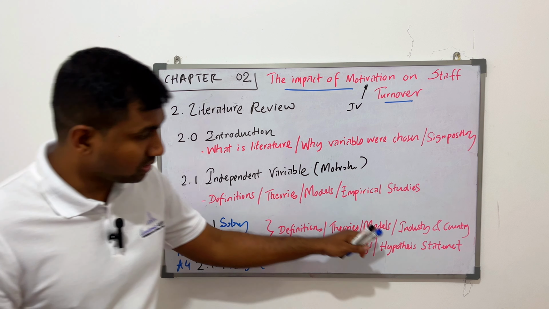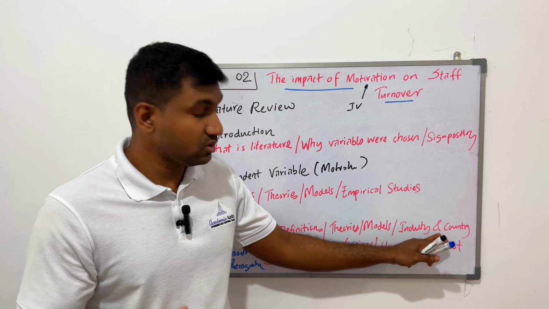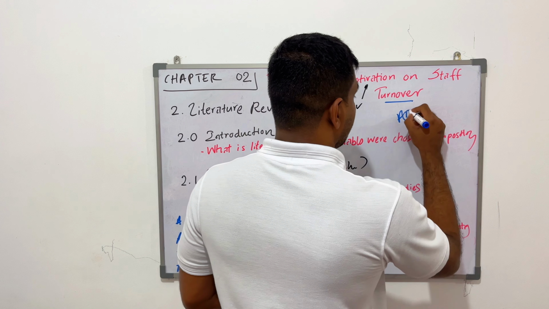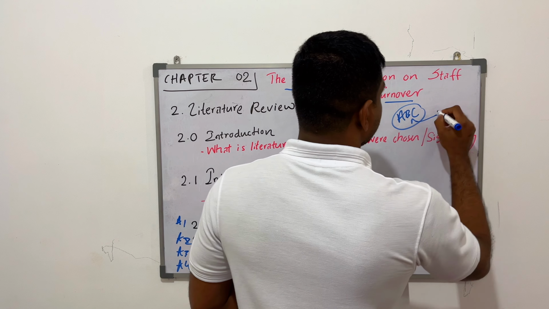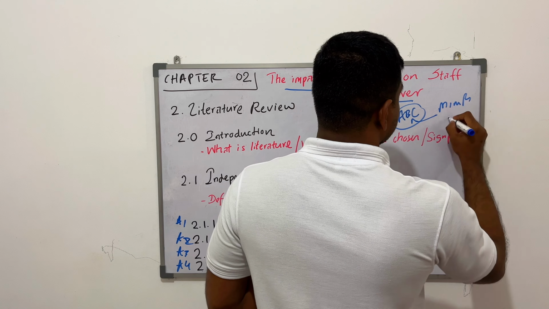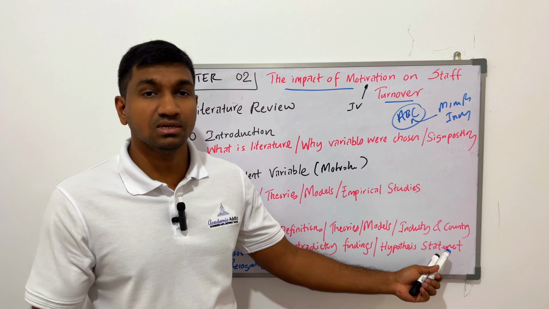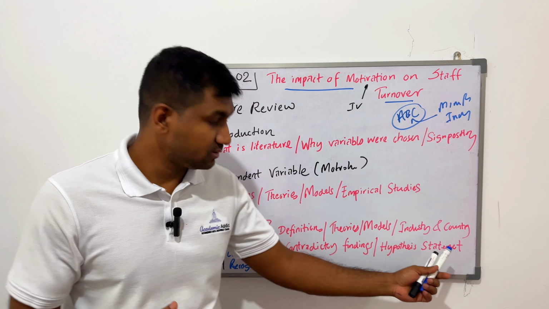So theories, again models, and also if you can bring data referring to your own industry. Let's say ABC company that we have chosen as our case study is in the manufacturing industry. If you can refer to data covering the manufacturing industry, that's again going to add value to your study.